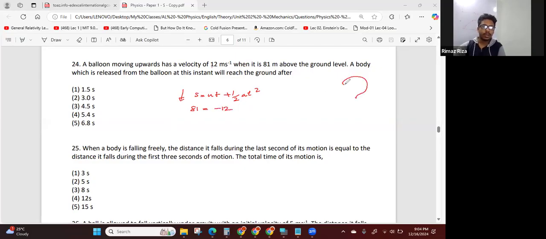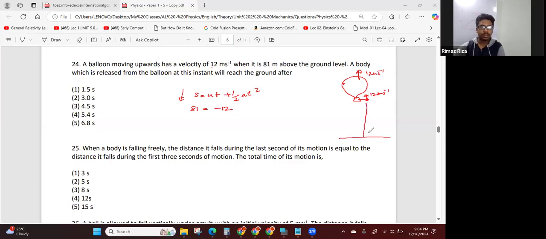So we consider the balloon that is moving upward at 12 meters per second. If you drop something from the balloon, whatever things are in the balloon also have the same speed. So this object also has an initial velocity of 12 meters per second, upward.